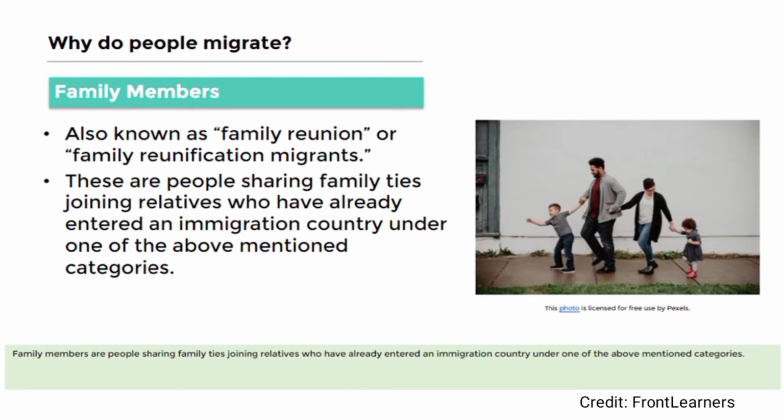Family members, also known as family reunion or family reunification migrants. These are people sharing family ties, joining relatives who have already entered an immigration country under one of the above mentioned categories.